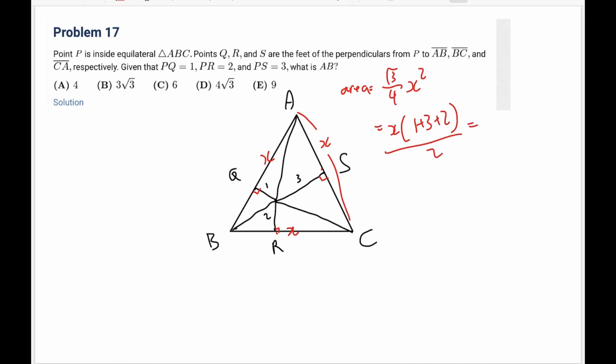This is 3x, and so root 3 over 4 x squared equals 3x. Root 3 over 4 x equals 3. x equals 4 root 3. So what is AB? AB is x, and so it's 4 root 3. The answer is D.